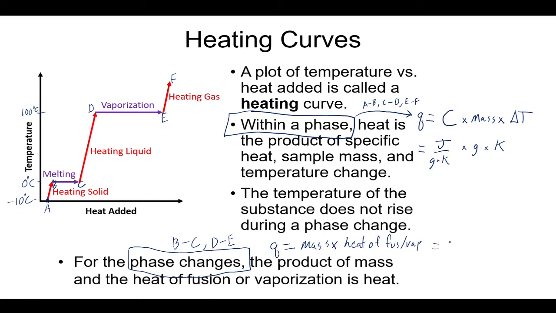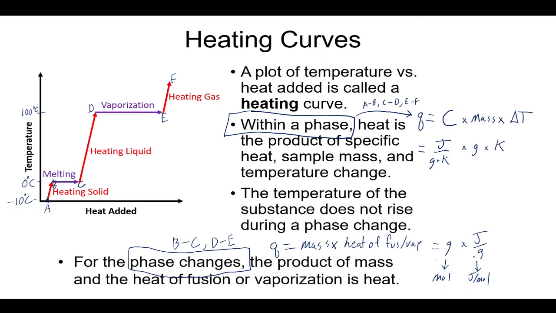And so the mass obviously is probably going to be given in grams. The heat of vaporization or the heat of fusion, usually you'll have given in joules per gram. Now, sometimes this instead will be given in moles, or you'll have to convert, or this will be given in joules per mole or kilojoules per mole. So don't be alarmed if you see moles instead of grams or kilograms instead of grams.